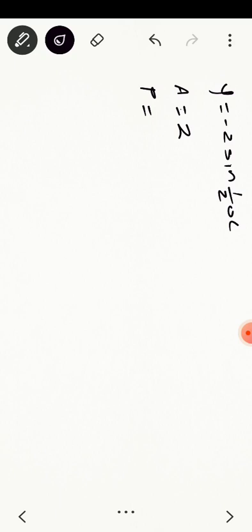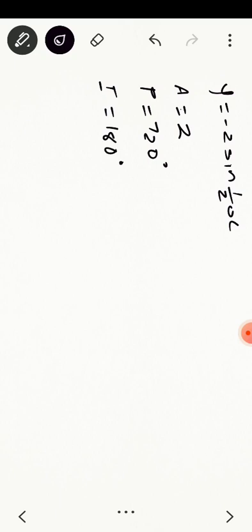That's 360 degrees multiplied by 2, which is going to give us 720 degrees. And then our interval is going to be 720 degrees divided by 4, which just gives us 180 degrees.